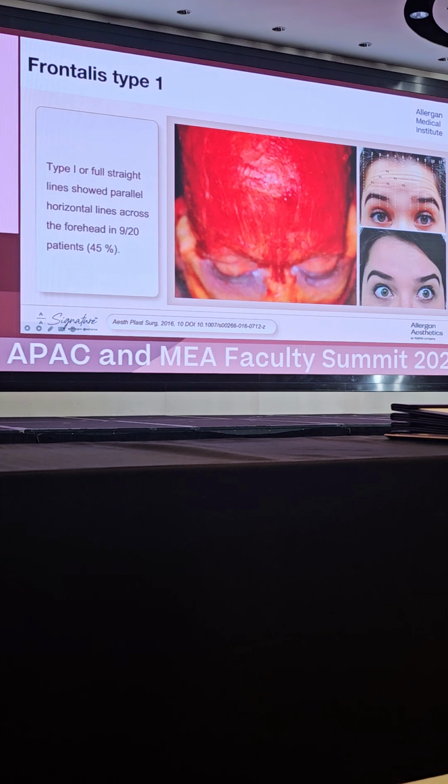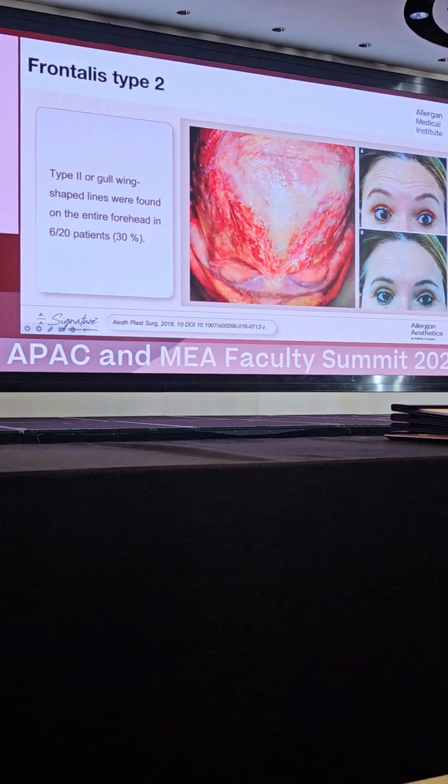But we can also have patients with frontal lines in the shape of the letter M. This is caused by 2 bifurcated frontalis muscles, suggesting there is actually no muscle in the middle part of the forehead.